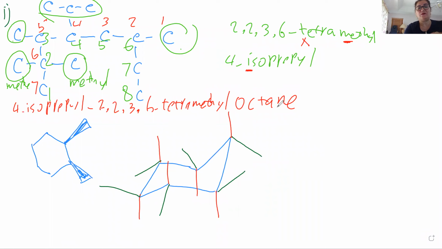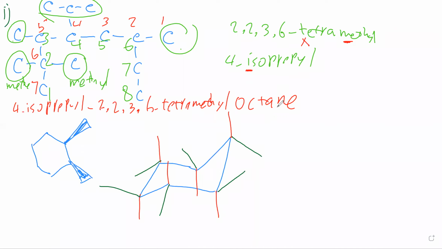And that is the name for this compound. I just wanted to review one complex structure. So if we have one complex structure, we're just going to cover a few rules of IUPAC when you're naming alkanes. So any questions about naming alkanes?